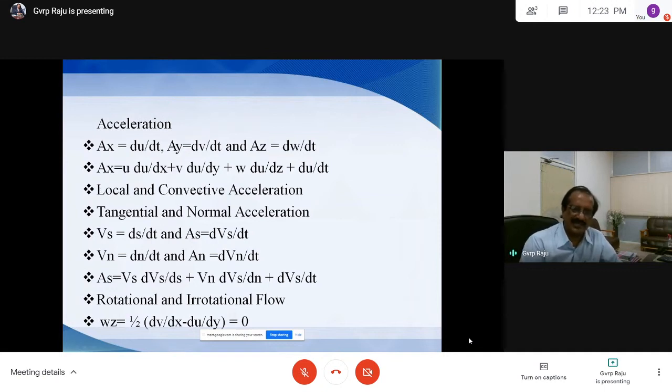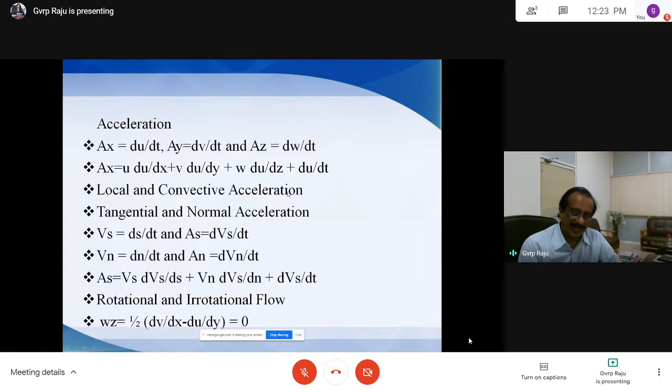If the velocity changes with time, you can say it is a local acceleration. So when you mention the change in velocity with time, you can say it is local acceleration.